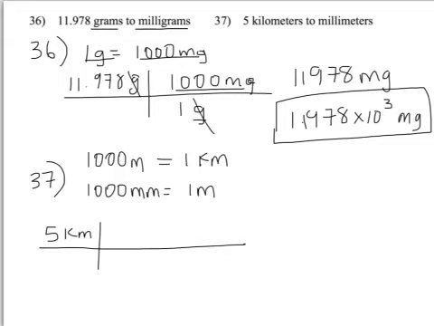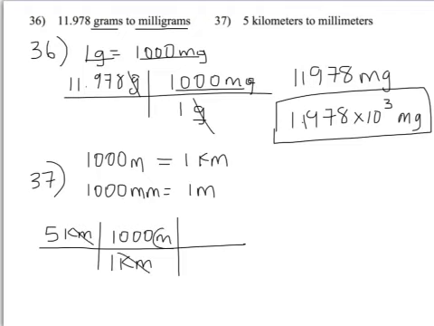and we want to get rid of those kilometers, so we know that we want to set up something with kilometers on the bottom. So we're going to put the 1 kilometer here and the 1,000 meters on the top. Again, since 1,000 meters is 1 kilometer, we're just making a tricky version of the number 1. So kilometers can cross out.